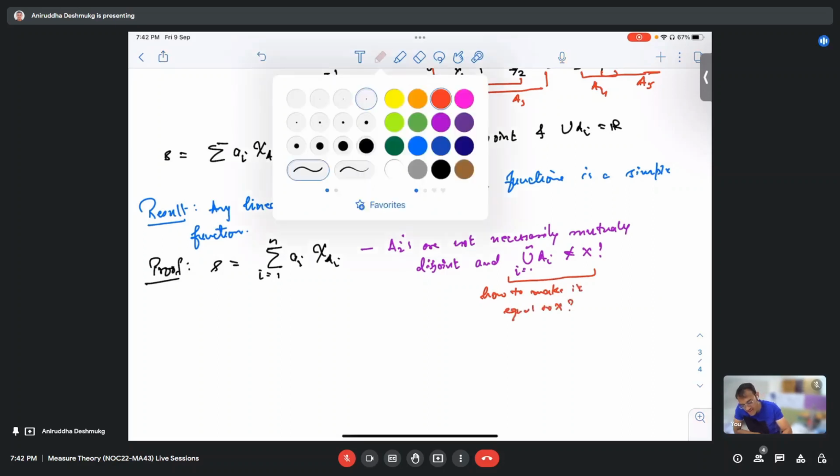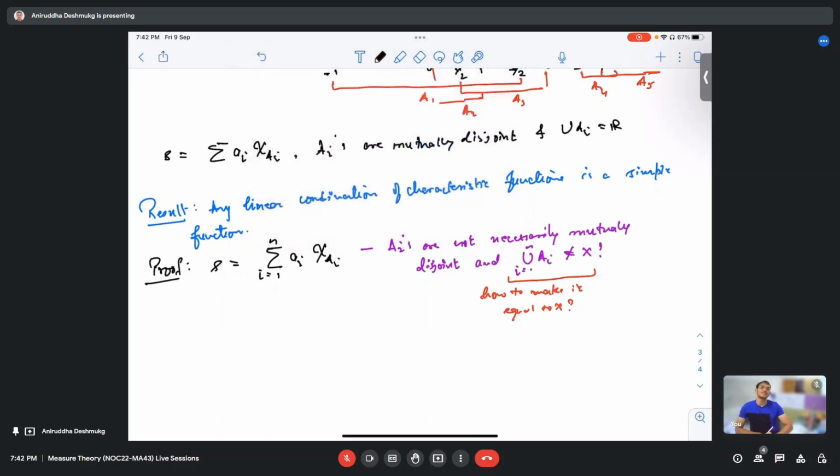Any ideas how to do it? Yes, we certainly have to introduce a new set. Which set will we introduce? That's what I'm asking. The complement of the union of A_i's.